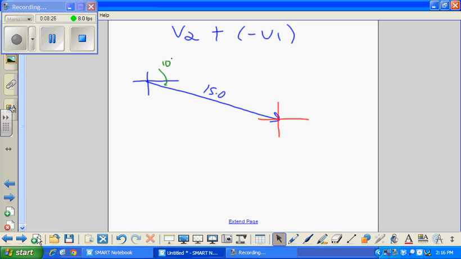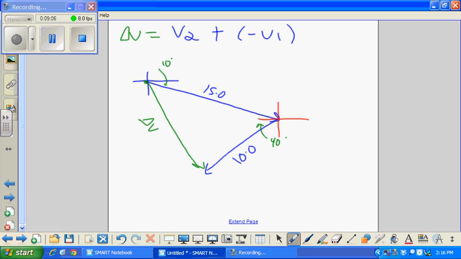And to the tip of my vector, I'm going to add 10 meters per second, 40 degrees south of west. So that's going to be in this direction, south of west. And 10, so it'll be about that long. And this time, 10 degrees. My resultant vector, my delta V, will be from the very beginning to the very end. I'm going to call this delta V. That's what we're looking for.